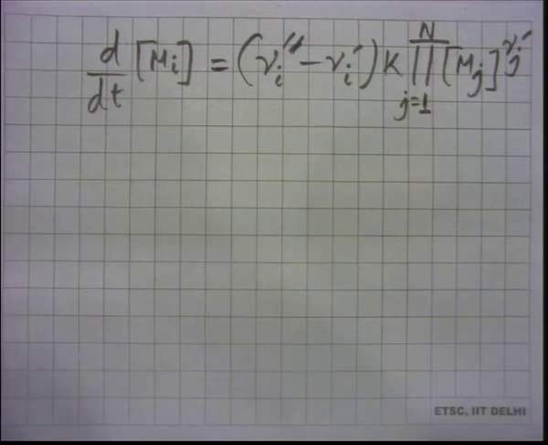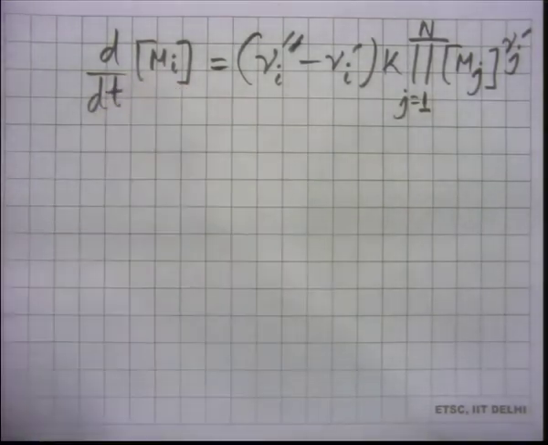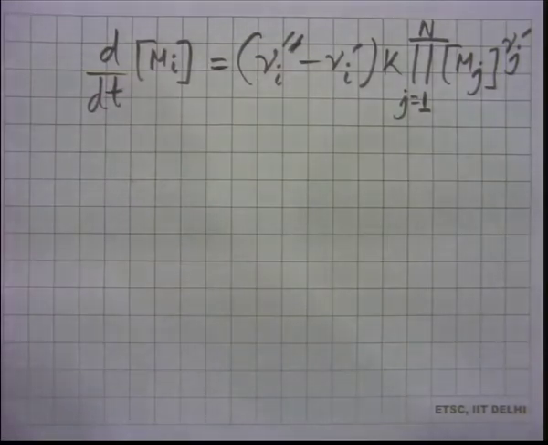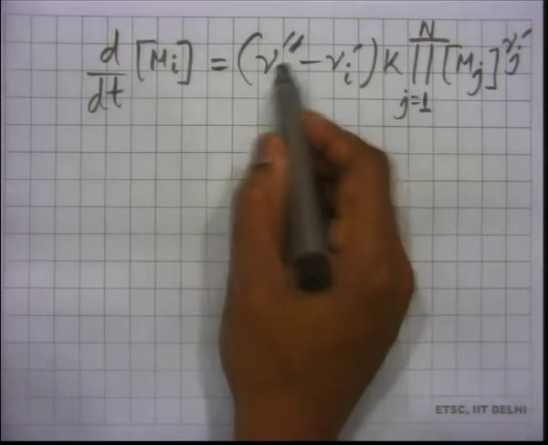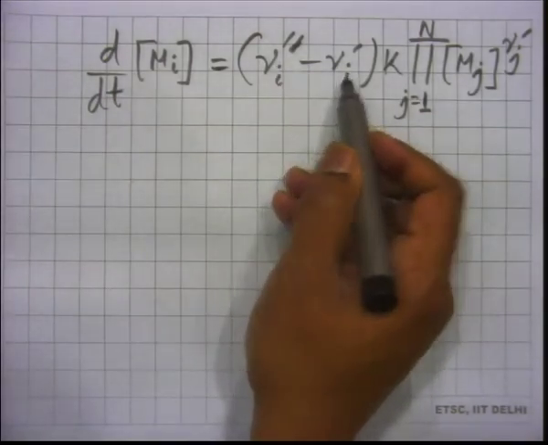All right. So, let us see what this is. d dt of mi is of interest, because this is the rate at which the concentration of the ith species is changing, right. So, that is the reaction rate. So, that is important. Now, that is equal to nu i double prime minus nu i prime into k.